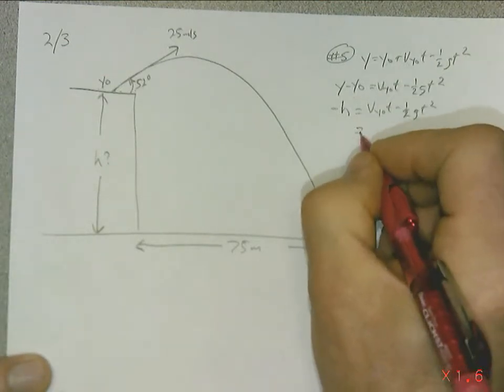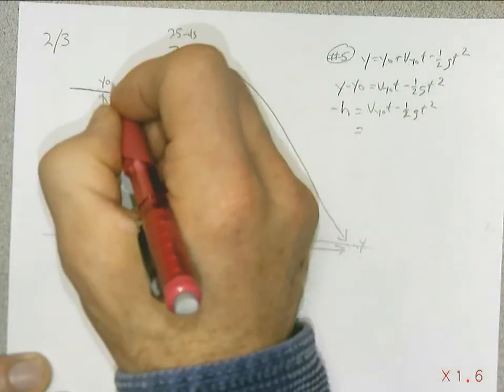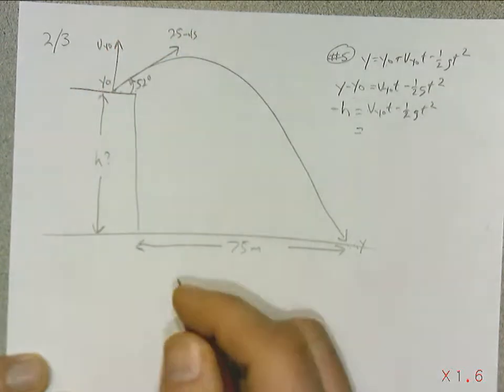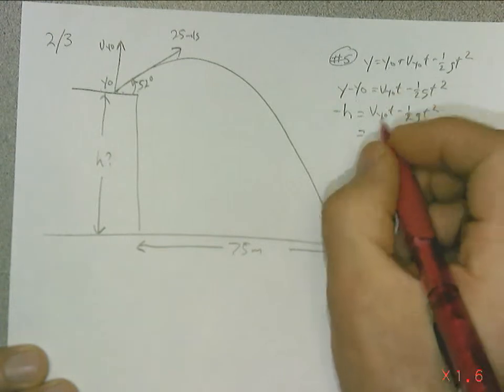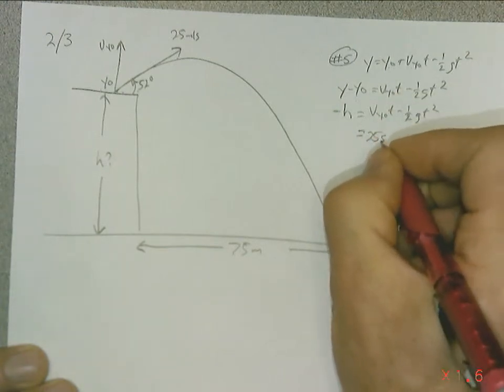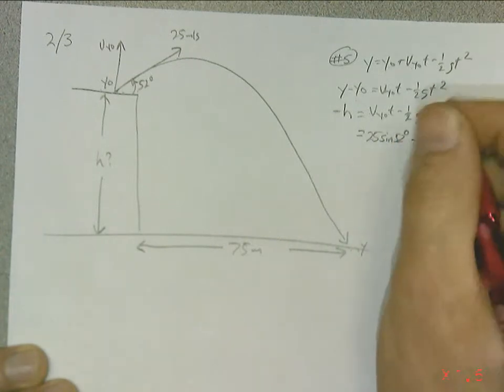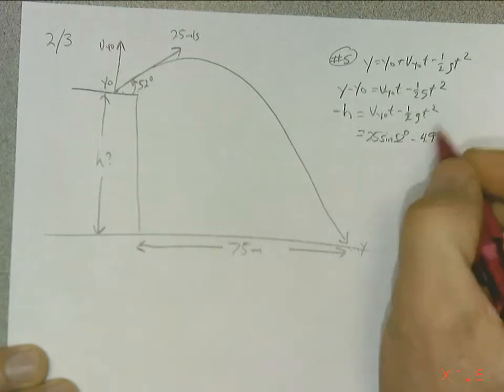And that's equal to, now what's vy0? It's the vertical component of the velocity, and that is 25 sine of 52 degrees minus 1/2 g, I'll say it's 4.9. Sometimes I say 5.